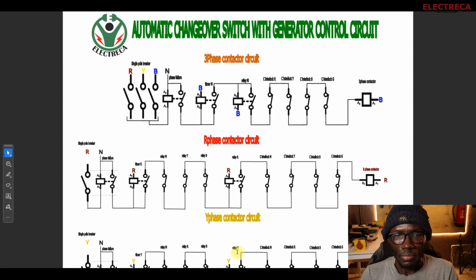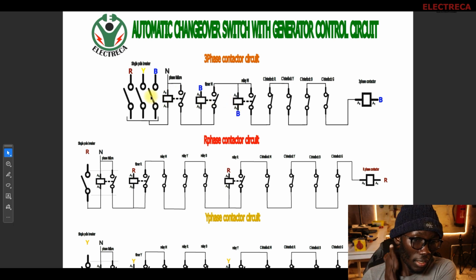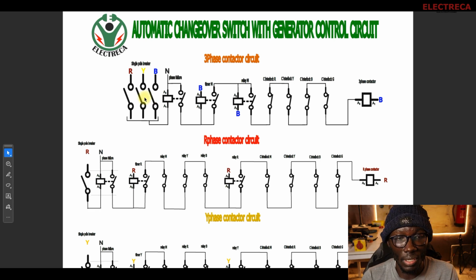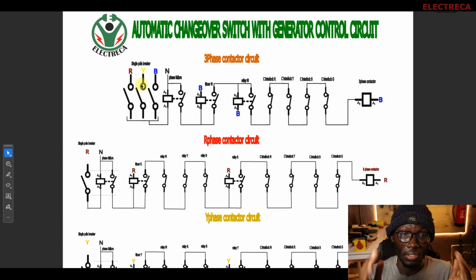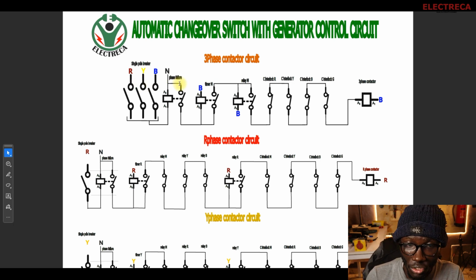all right. Now, if we can start with the 3-phase contactor. The 3-phase contactor, you have got your 3 MCBs for 3-phase. Okay? Red, yellow, blue, it may be a different color in your country, with a neutral.